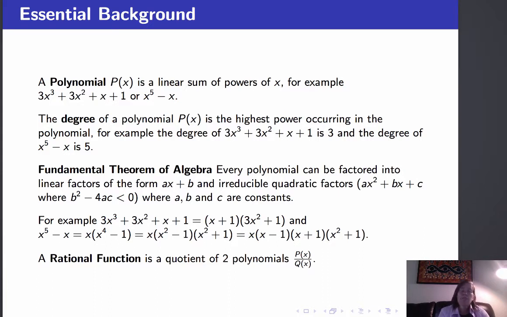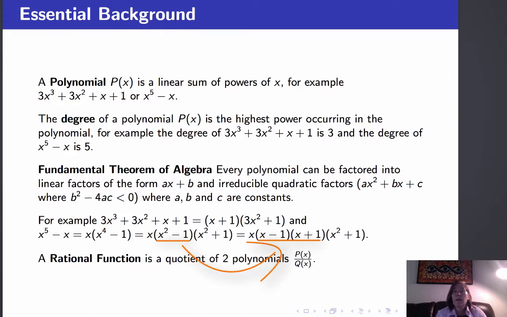For x to the 5 minus x, I can pull out an x to get x times x to the 4 minus 1, and this x to the 4 minus 1 is a difference of two squares. It's x squared squared minus 1 squared, so I can factor that into x squared minus 1 times x squared plus 1.